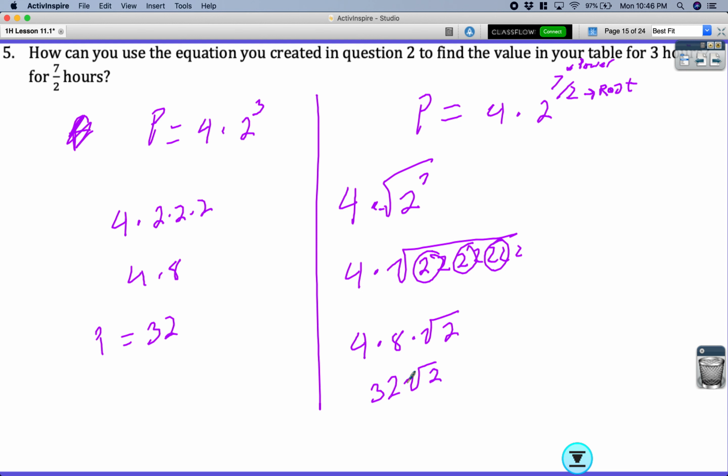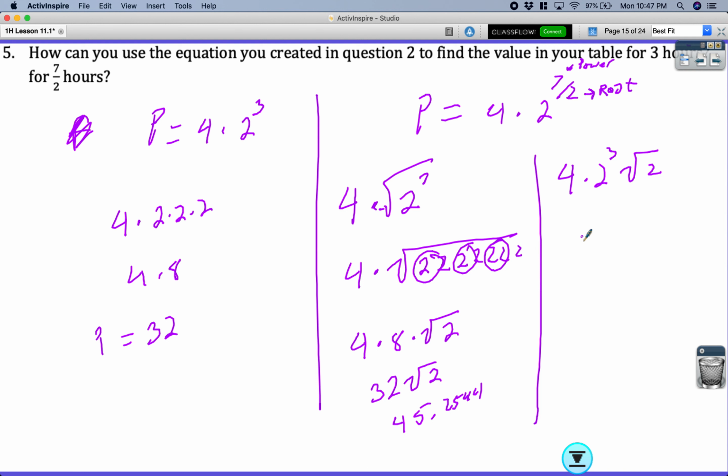And guys, just so we know that we're doing a little estimating, we could do 32 times the square root of 2, which is 45.2544. Okay, so I just turned that radical 2 into 1.4142. So that's just one way to look at it. We can also do 4 times 2 to the 3rd square root 2. Kind of just factor it out, what I kind of did over here.